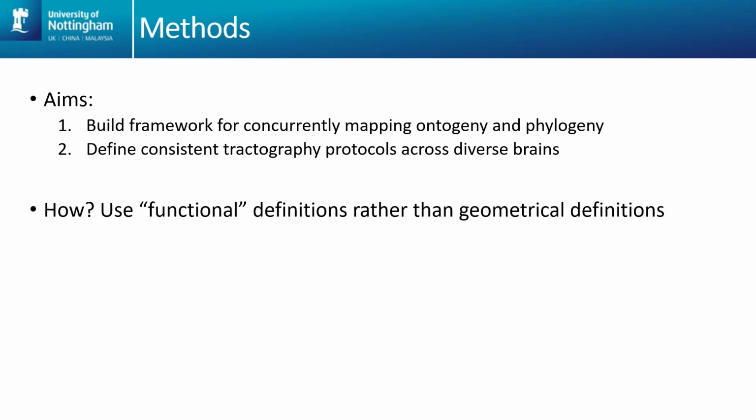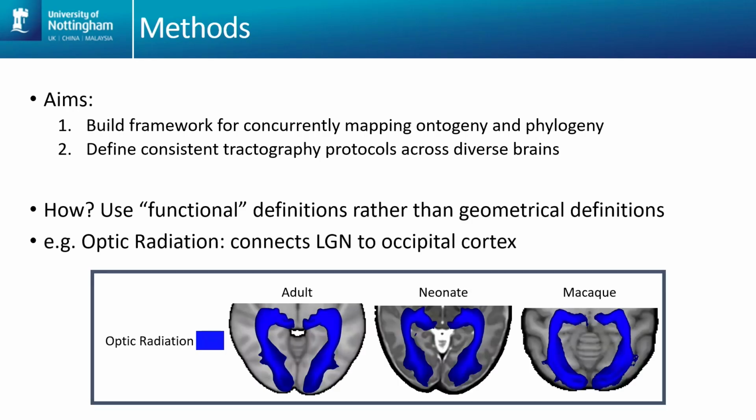Now, for these landmarks, we will use white matter tracts that exist across these diverse brains and are functionally equivalent, but rather than using their geometrical definitions, as they will be quite geometrically different across these brains, we use functional definitions. So, for example, the optic radiation, we know this connects the LGN of the thalamus to the occipital cortex, and it does not traverse hemispheres.